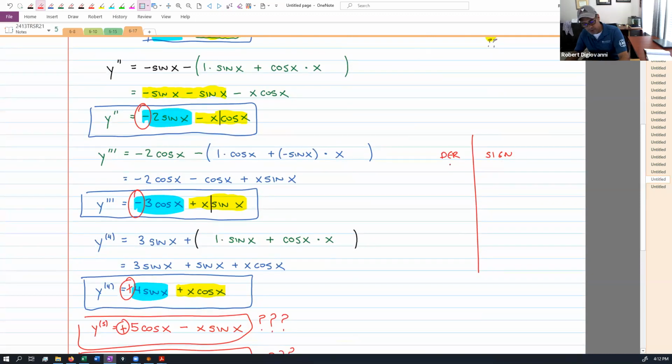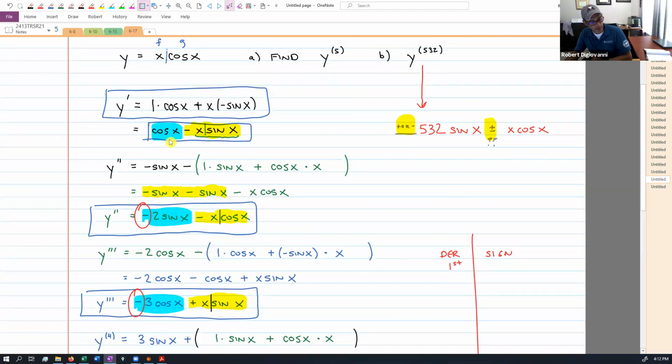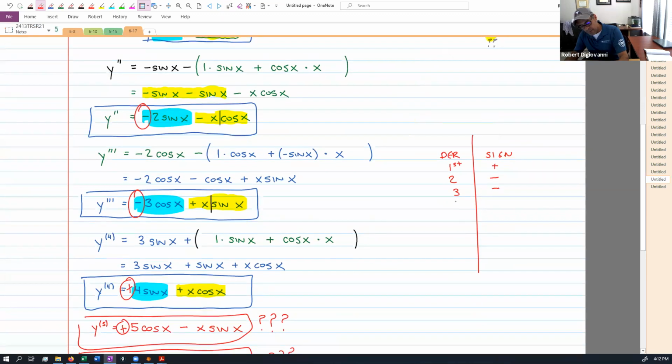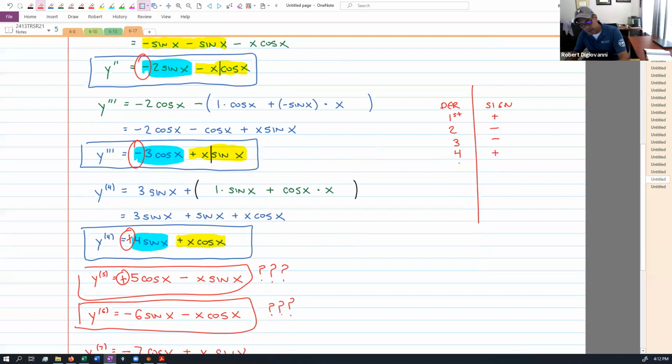When I did the first derivative right here, the sign in front was positive. The second derivative, it was negative. Third derivative, negative. Fourth derivative, positive, right? And then it went fifth derivative positive, then sixth derivative negative, negative, positive, positive, right?